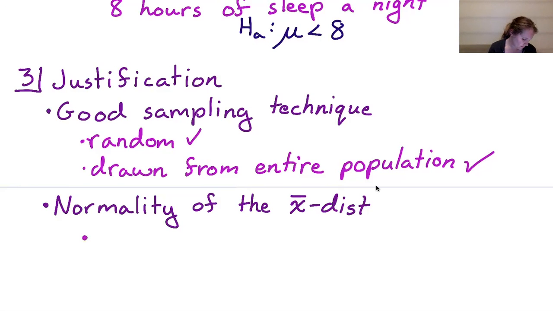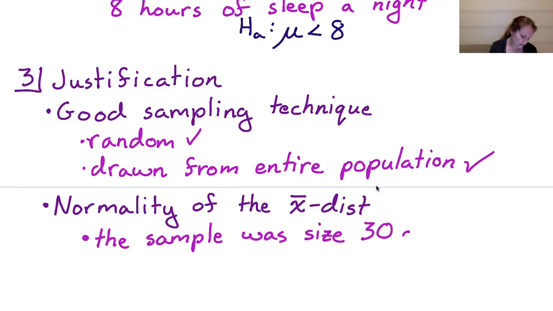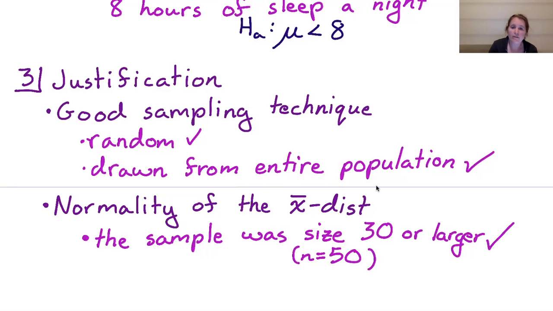Option two, we can go by the fact that our sample was large enough. So the sample was size 30 or larger. Okay. Our sample size was 50, so this is definitely true.